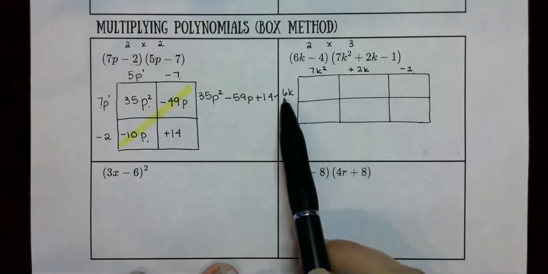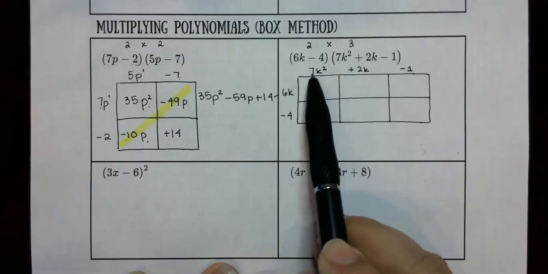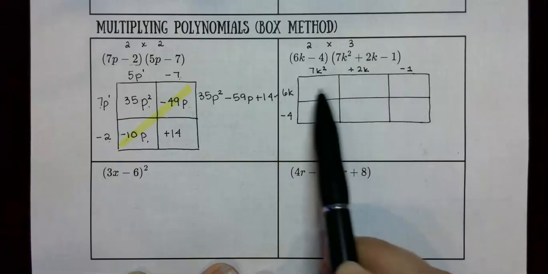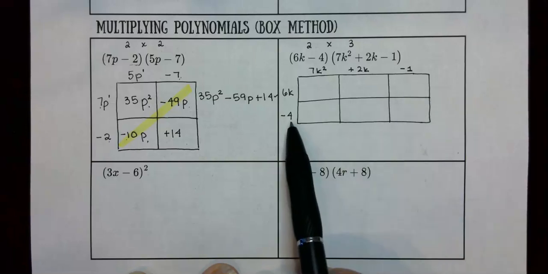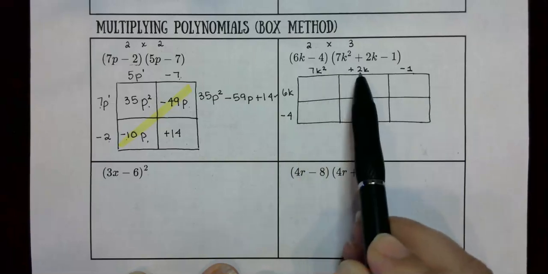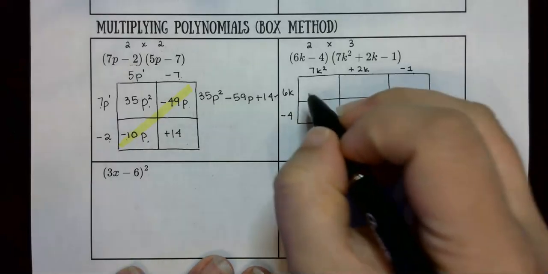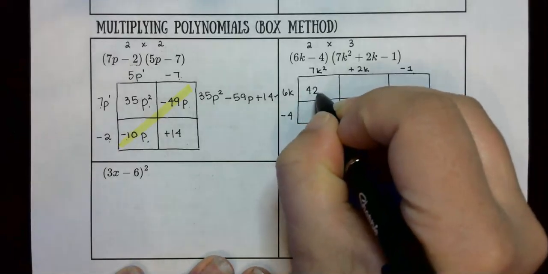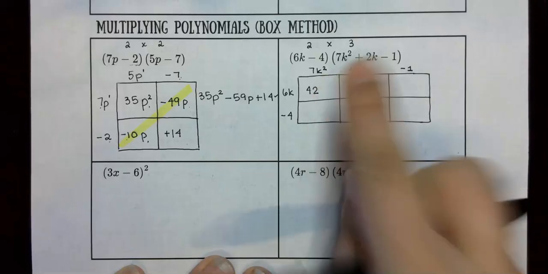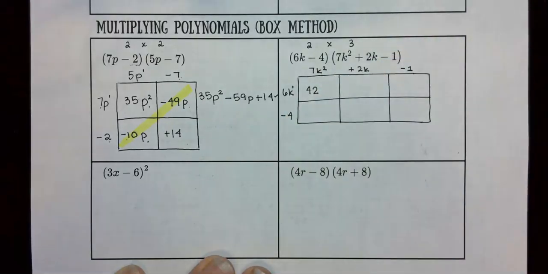Now for this one, we're going to take the 6, multiply it by 7, by 2, by negative 1, and write it here. And then we're going to take this negative 4 and do the same thing. So 6 times 7 is 42. Now pay attention to your k's. This one has 2, this one has 1.